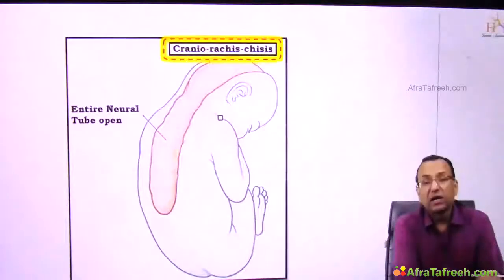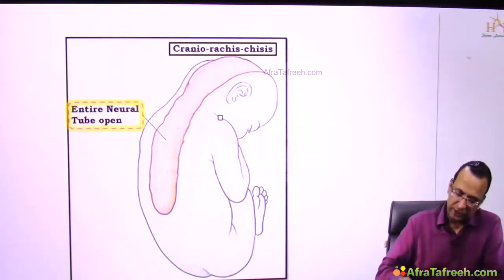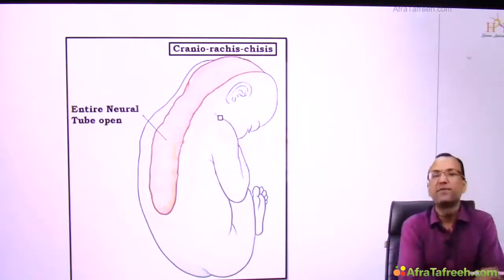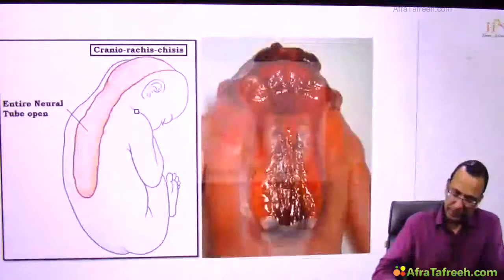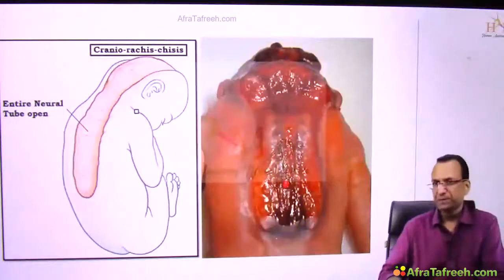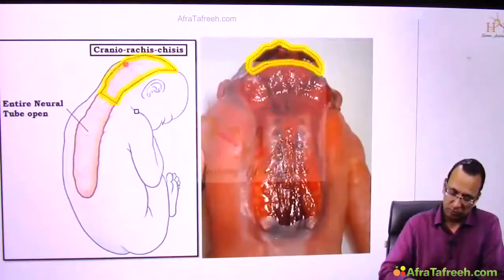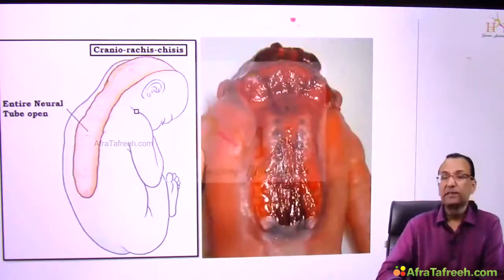Now, there is a condition called craniorachis. It is a combination where the entire neural tube is open, so it is anencephaly plus rachis. You see, this is a case of anencephaly plus rachis because the brain is open, skull is open, anencephaly.